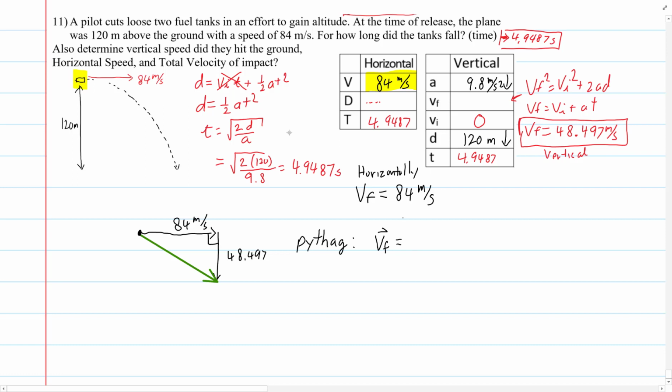So it's going to be c² = a² + b², but I don't want c squared, I just want c, so I have to square root both sides. So I have to take 84 squared plus 48.497 squared and square root it.